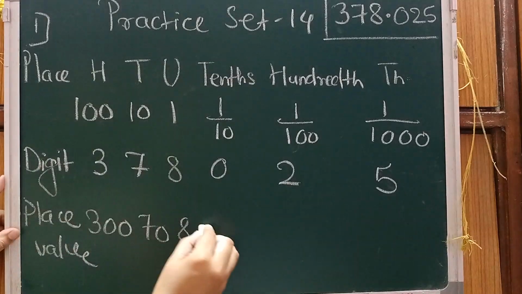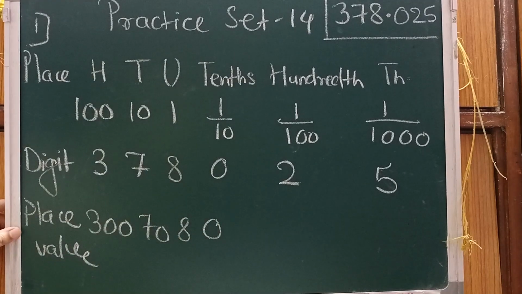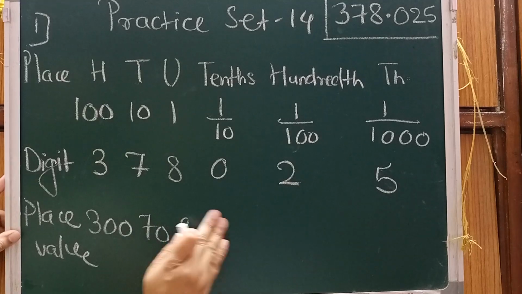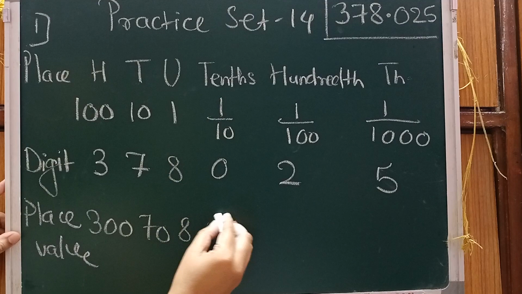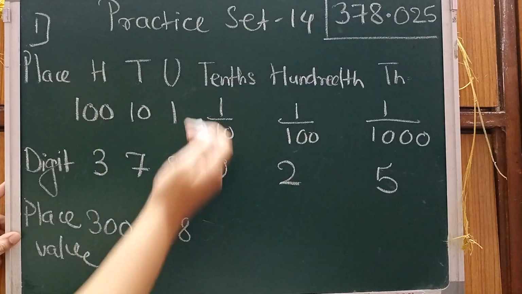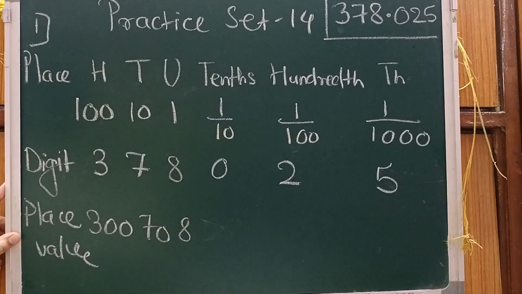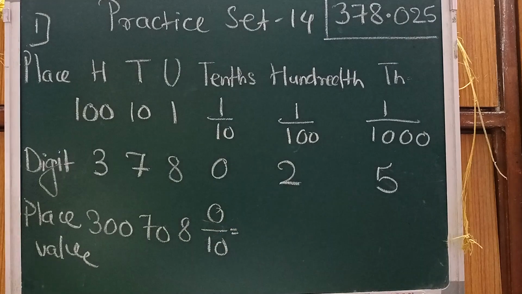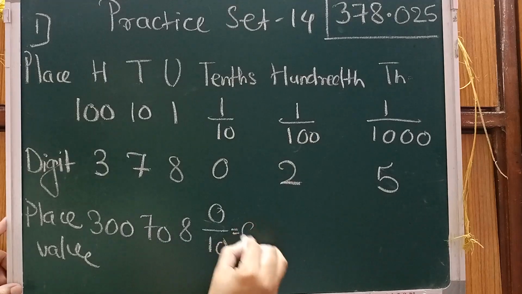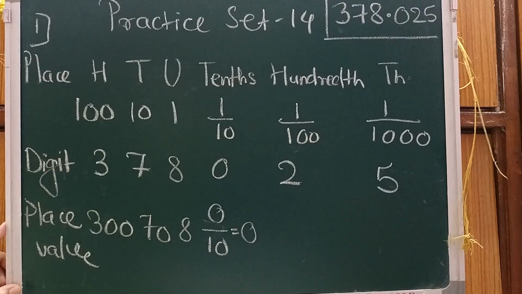Here in place of this 1 we are going to write that particular number. Here we have done multiplication, and here we are going to do division. So 0 upon 10. When we multiply or divide 0 by any number, we get the answer 0. So here we write 0 only.